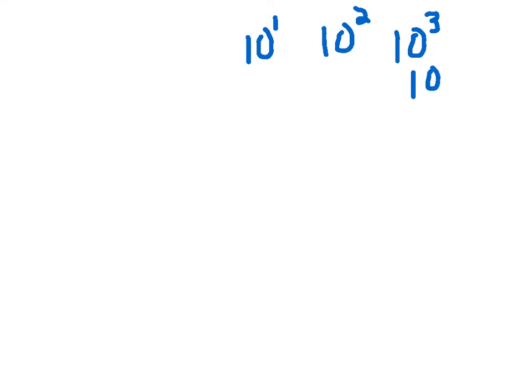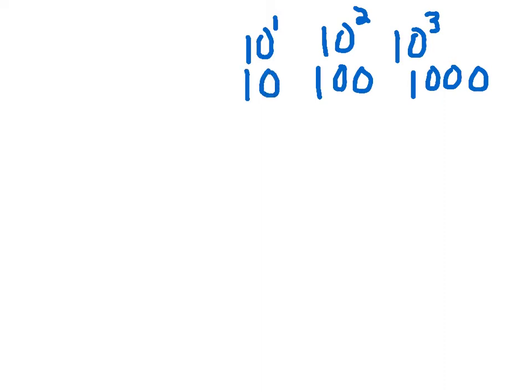Now, we talked about negative exponents yesterday, so let's do that with the powers of 10. Actually, let's start with 10 to the 1st. 10 cubed is a 1 with 3 zeros. 10 squared is a 1 with 2 zeros. That's 100. This is a 1 with 1 zero.